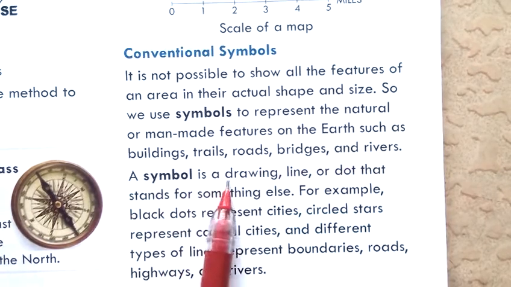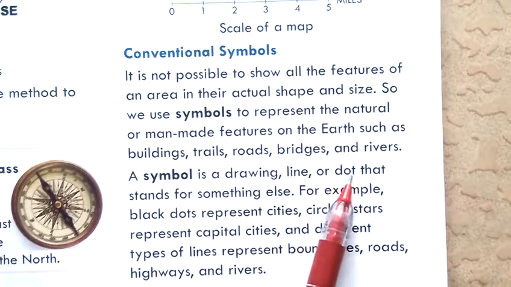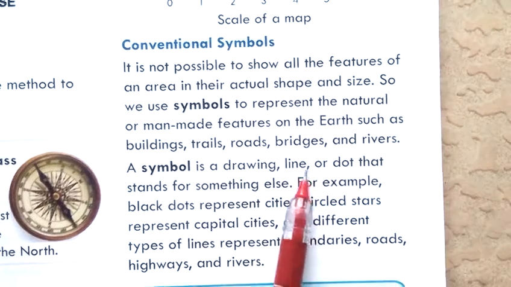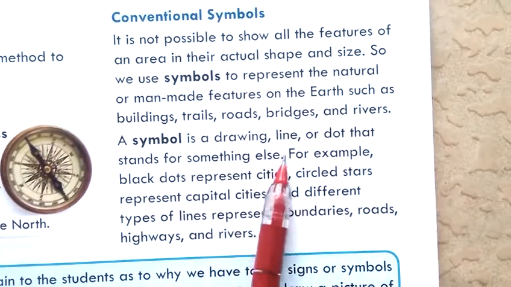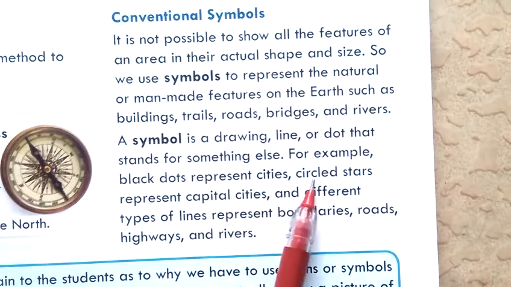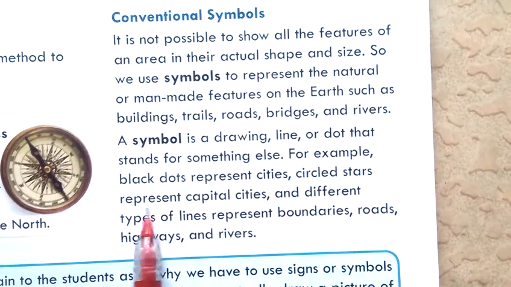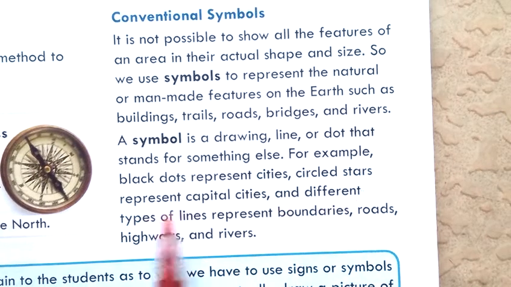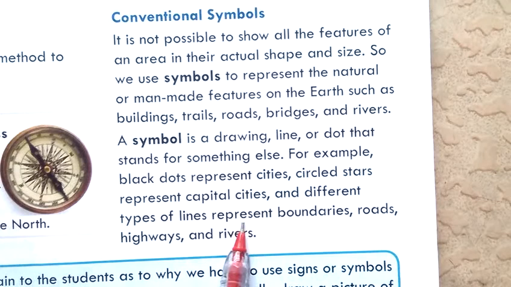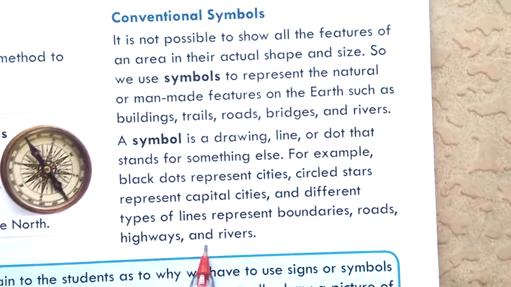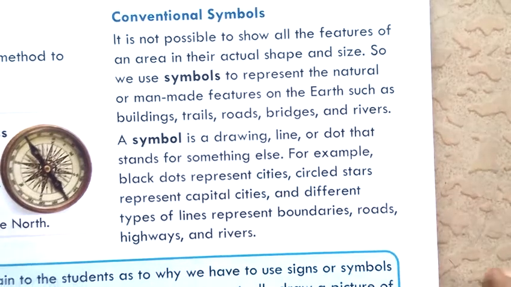A symbol is a drawing, line or dot that stands for something else. For example, black dots represent cities, circled stars represent capital cities, and different types of lines represent boundaries, roads, highways, and rivers.